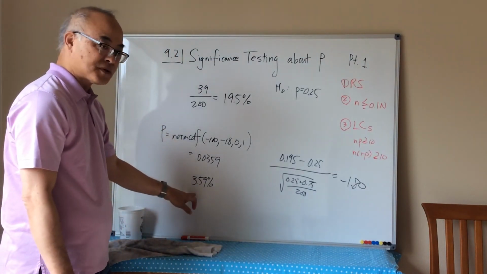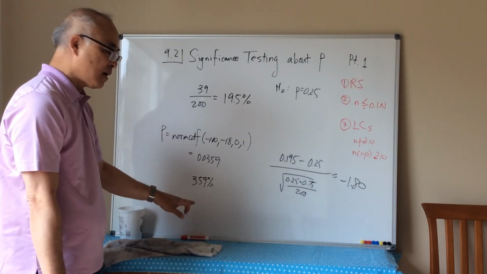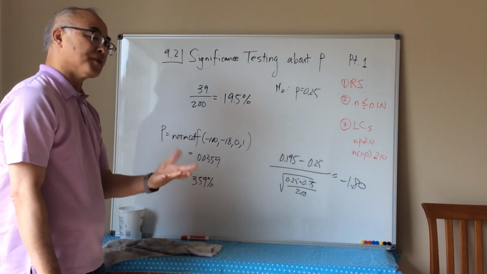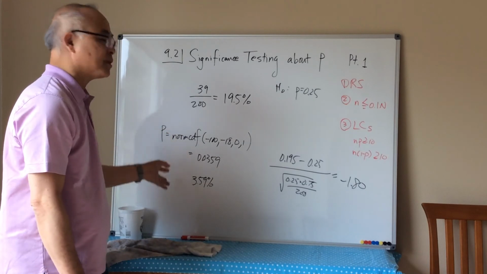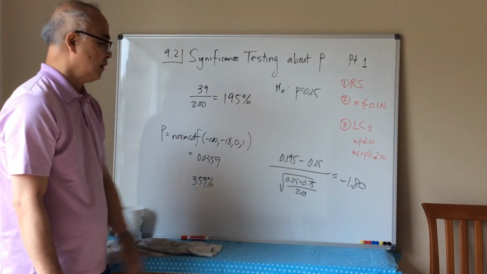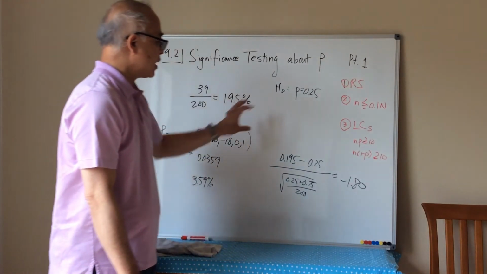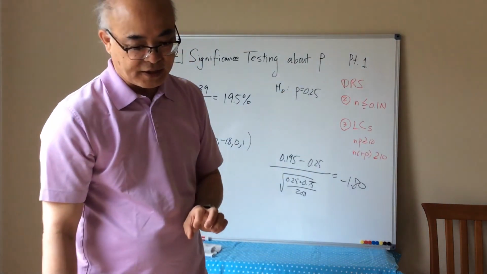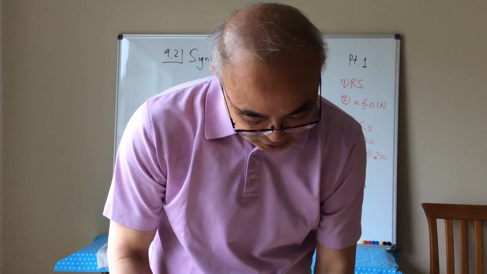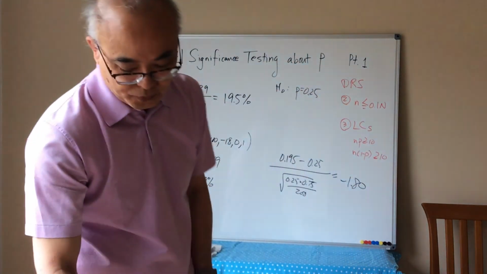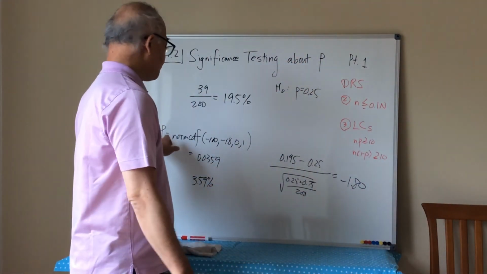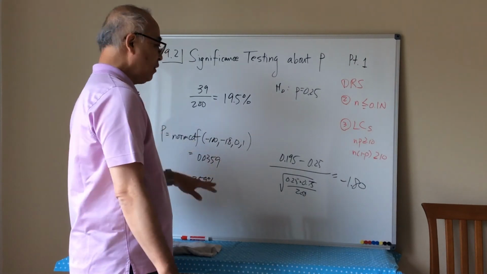If you did 5%, p is still going to be less than alpha. But if you did 1%, the p-value would be greater than alpha. So it depends on how tightly you're defining this.